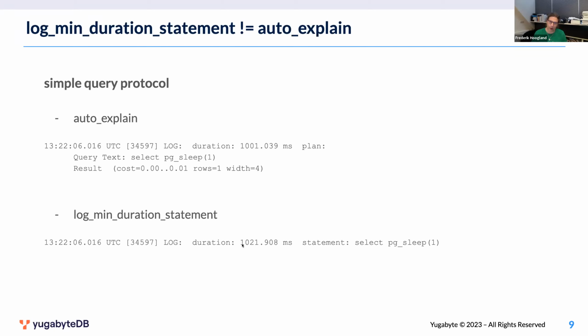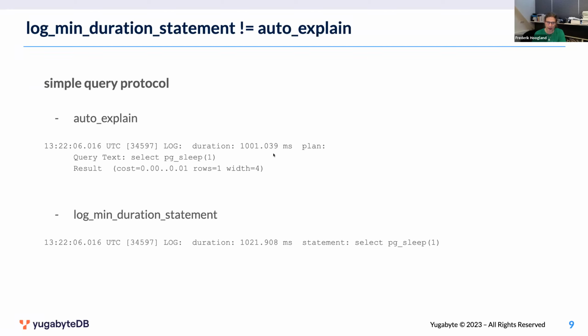The thing I want to highlight, especially if you're a performance engineer, which is really interesting, is the difference in duration. pg_sleep(1) will sleep, so the statement will take 1 second, and this duration is just over 1 second, by 1 millisecond. And log_min_duration_statement says that the duration is 20 milliseconds over 1 second for pg_sleep.